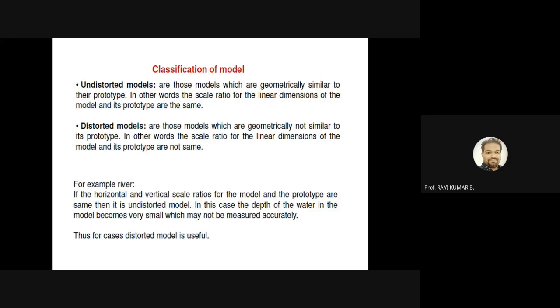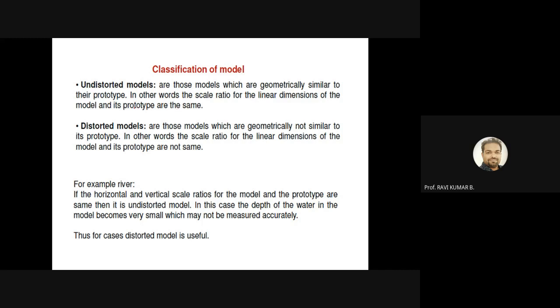Then the classification of models. You can classify models into two categories: undistorted models and distorted models. An undistorted model is one that is geometrically similar to its prototype. In other words, if you measure the dimensions in the horizontal or vertical direction, they will have a similar value; you get linear dimensions.